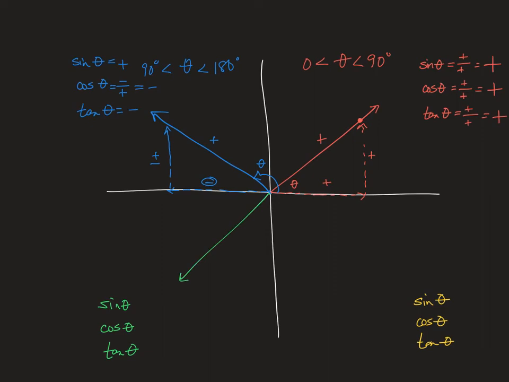Any angle that puts me into quadrant 3 has to be bigger than 180 degrees and less than 270 degrees. So for me to get into quadrant 3, I have to move to the left and I have to move down. Those are both negative movements. I know that my hypotenuse is always positive. So for me to calculate my sine ratio, I need opposite over hypotenuse, and therefore that's going to give me a negative.